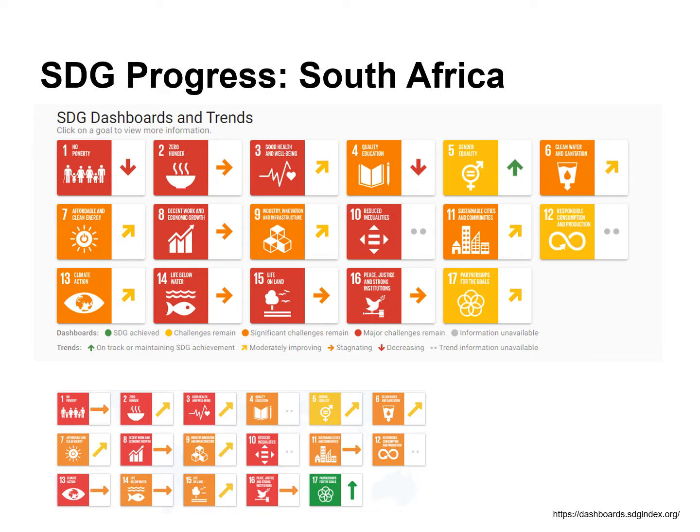This particular dashboard is for South Africa, and it shows that progress in many cases isn't fast enough. Many of the squares are red or orange. Many of the arrows are horizontal, not pointing upwards. It shows that much needs to be done in terms of achieving the Sustainable Development Goals.